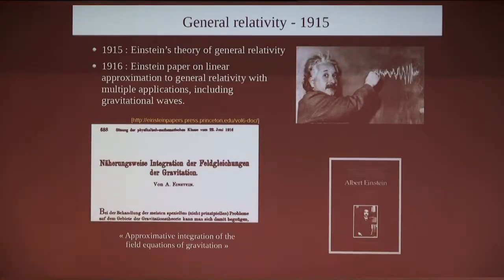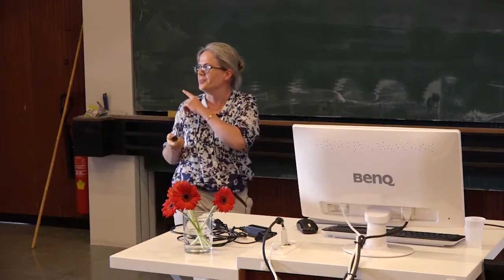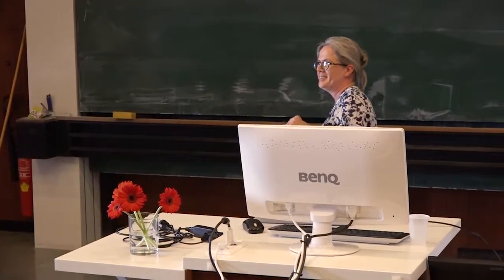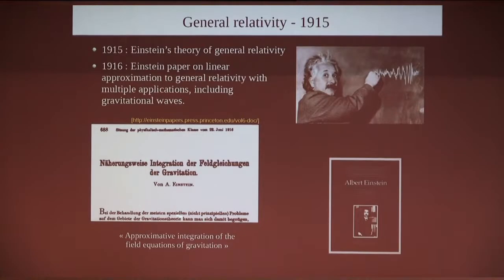So a little bit of history. 1915 is the first paper of Einstein about general relativity. And the next year, he published another paper, and I tried to find the original paper in German. I'm not speaking German, but it's funny to go back to these original papers.